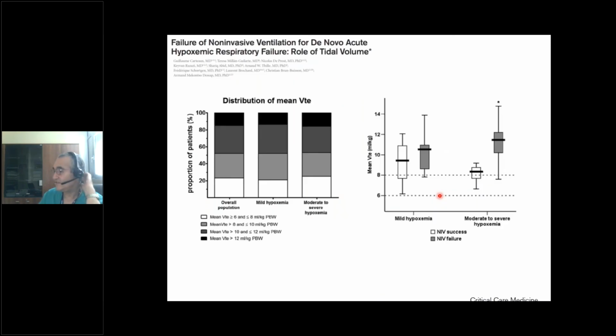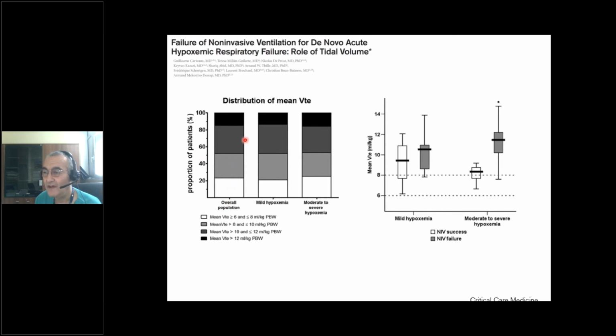This is a more recent study, a striking one, if you did follow me till this point. Those are patients with, once again, ARDS, de novo acute hypoxemic respiratory failure. And these are the tidal volumes of those patients during PEEP plus pressure support.